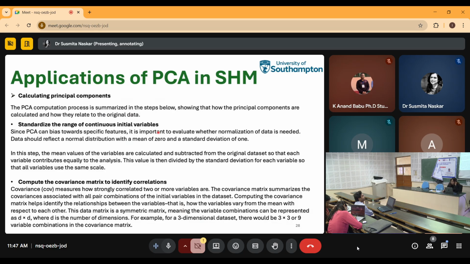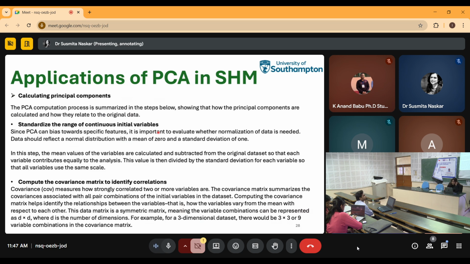So every variable has a mean of 0 and a standard deviation of 1, and that's how we take care of it. This ensures that all features contribute equally to the analysis.